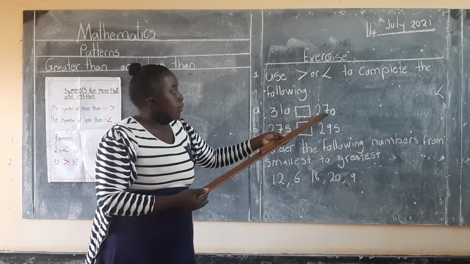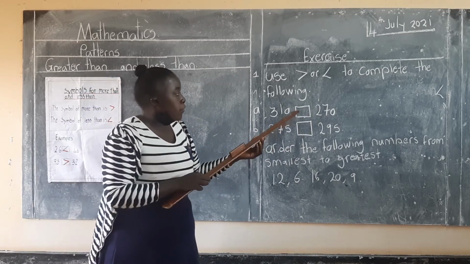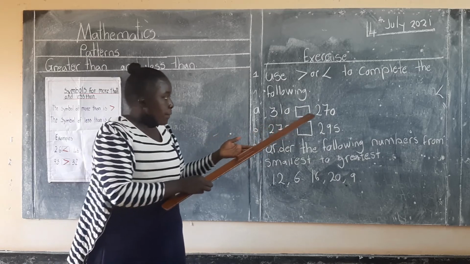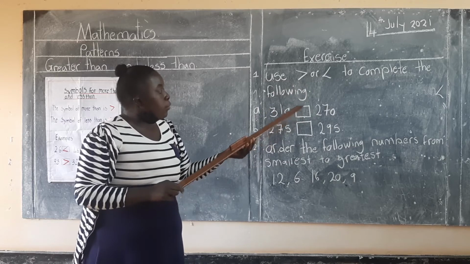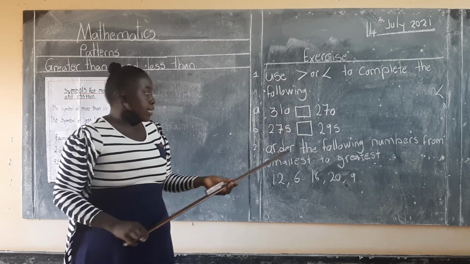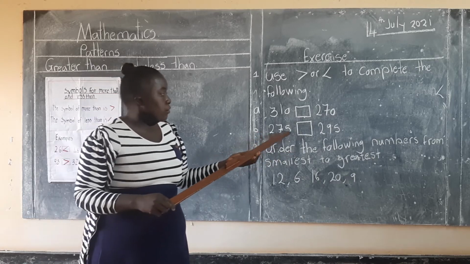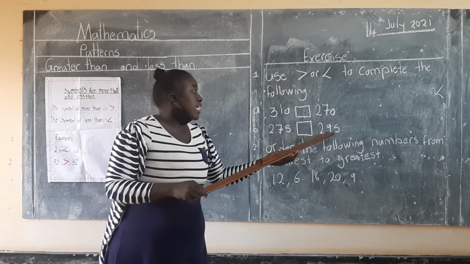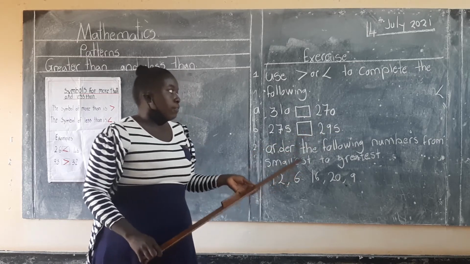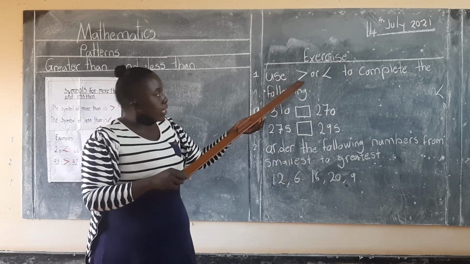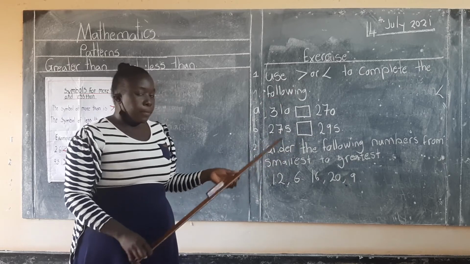You are required to choose which symbol will be suitable to compare these two numbers. Same applies to the second one. We have been given 275 box 295. You should get one correct symbol to compare the two numbers.